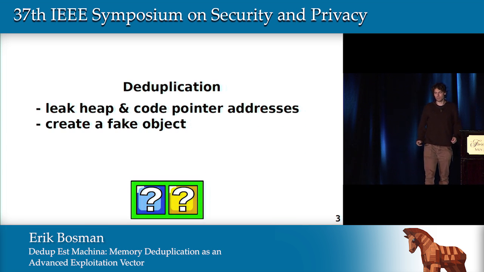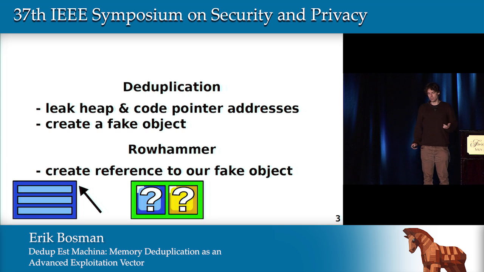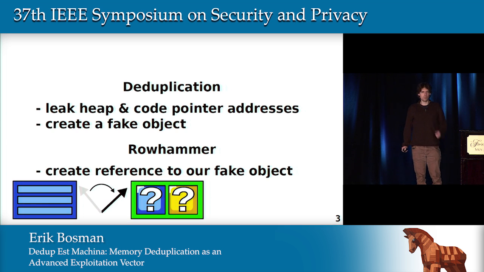And this fake object we will use Rowhammer to flip a bit in a pointer to get a reference to this fake object, and this fake object will allow us to have an arbitrary read-write primitive and own the browser.